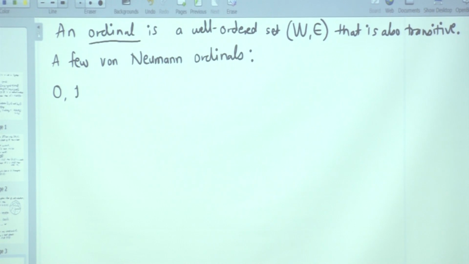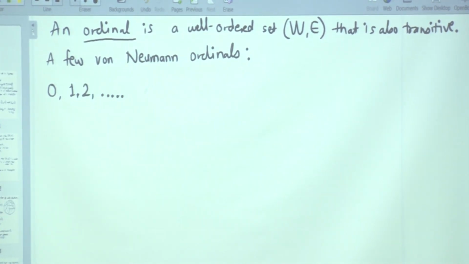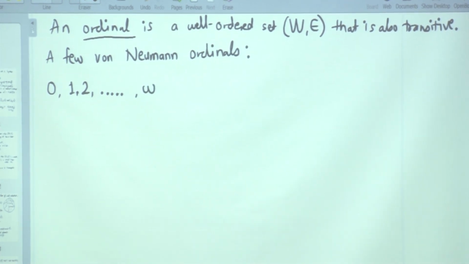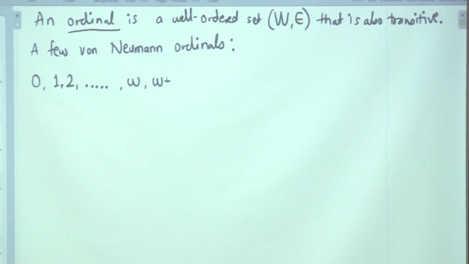Zero, 1, 2. All of you are okay with this, right? Then omega. Omega is also a transitive and well ordered set. What about omega plus 1, which is defined to be omega plus?